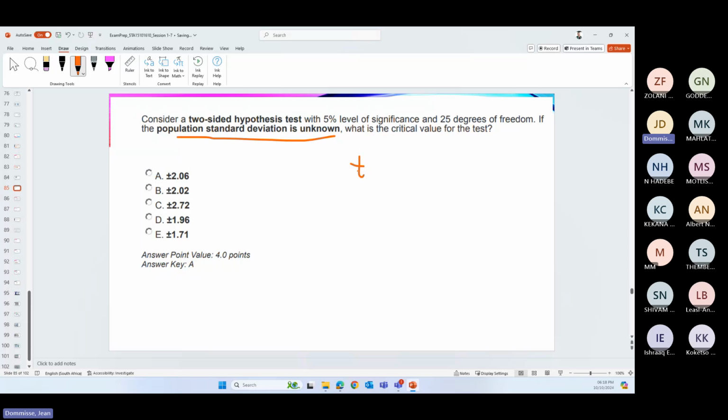They don't need to be so specific to say that you're working with the degrees of freedom. When I look at this and they say degrees of freedom, then you automatically go to T, but they could have said to you, if a population standard deviation is unknown and you're working with a sample of 26, what is the critical value for the test?